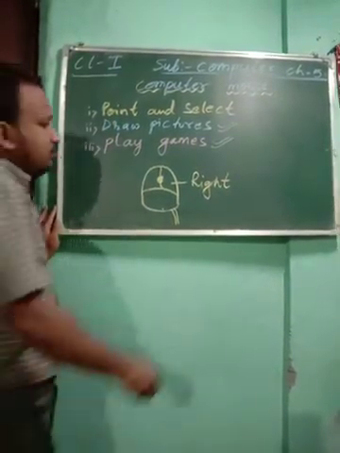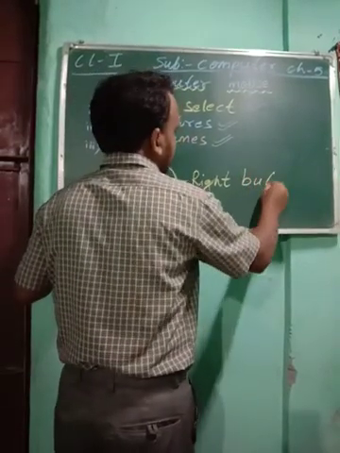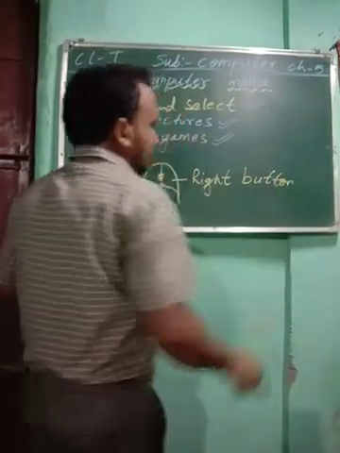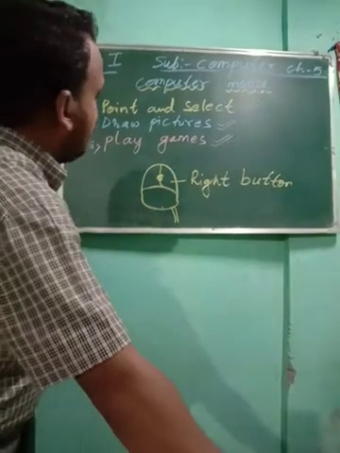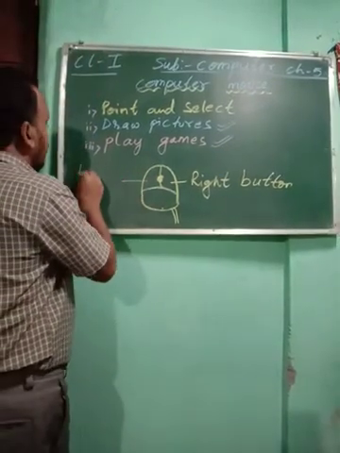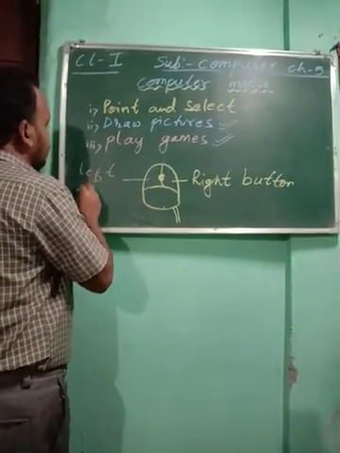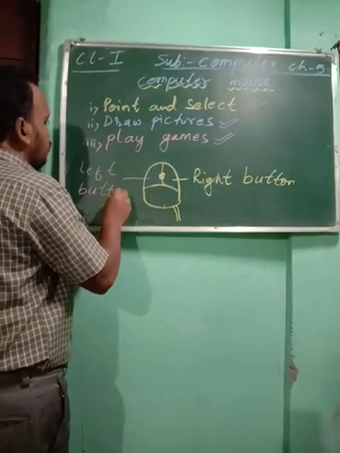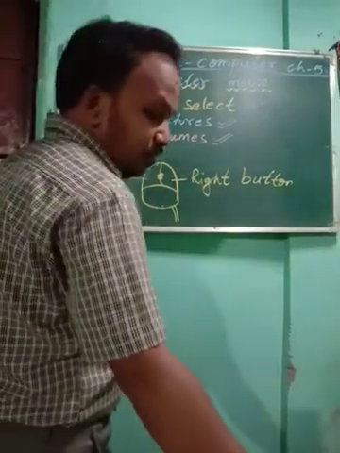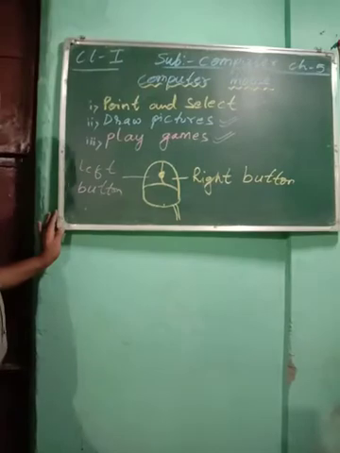This is your right button. This is your left button, and the middle one, what we have learned? We have learned scroll wheel.